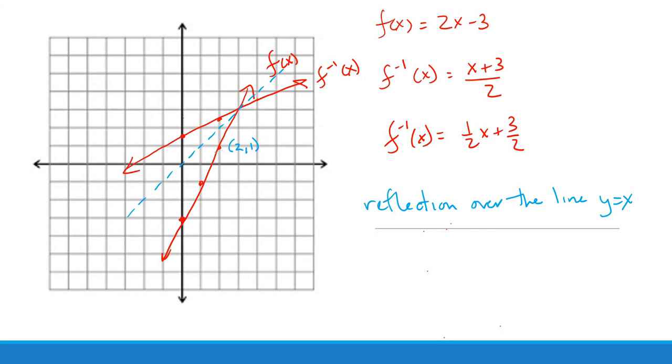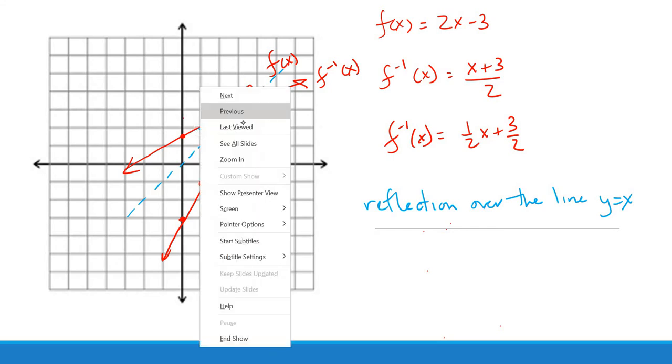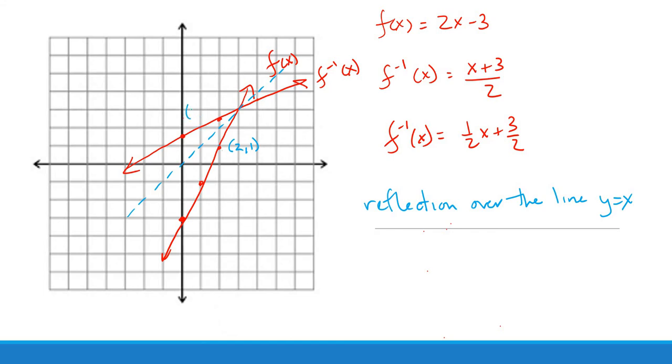Oh, it should be 1, 2. And then we should have over here a point on this graph that is the point 2, 1. So for every point on this graph, my first one, there is a point on the other graph where the x and the y have switched. And visually we can see it as a reflection over that line y equals x.